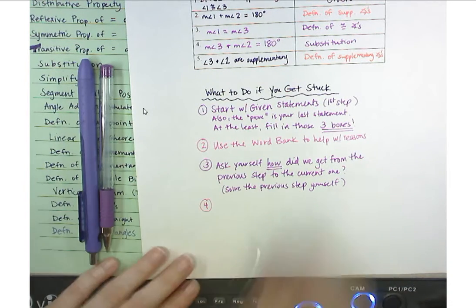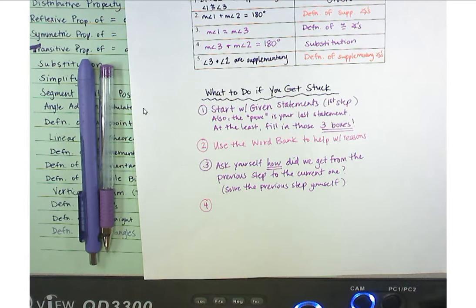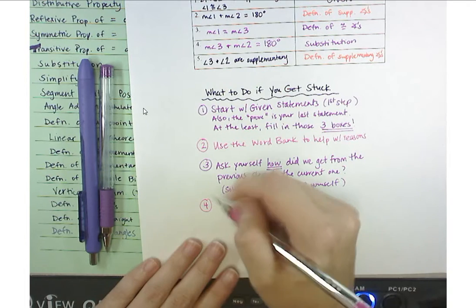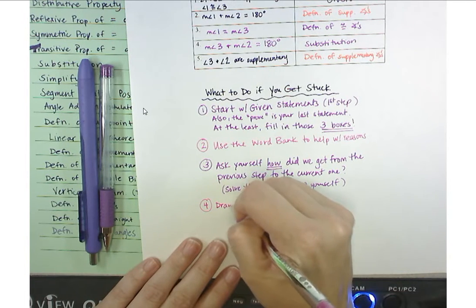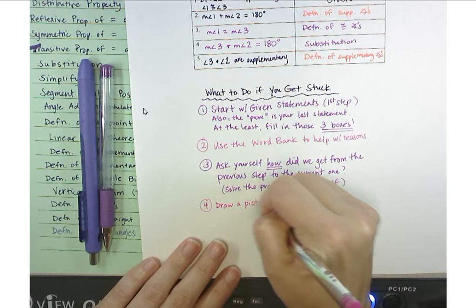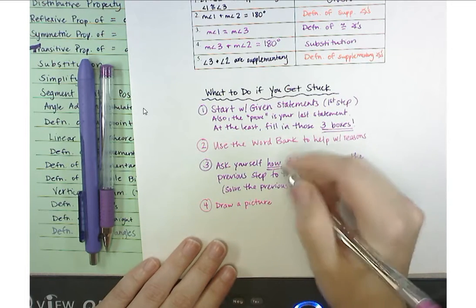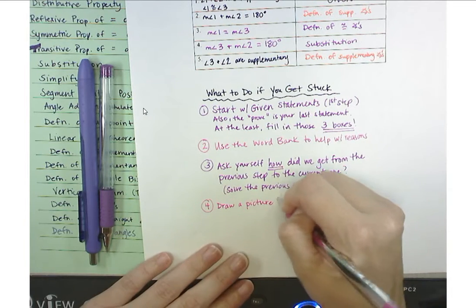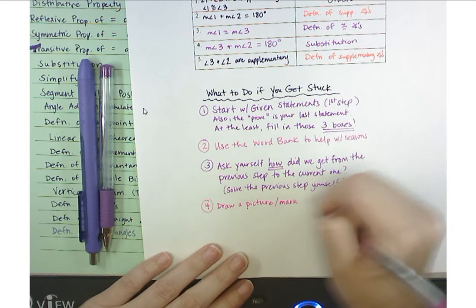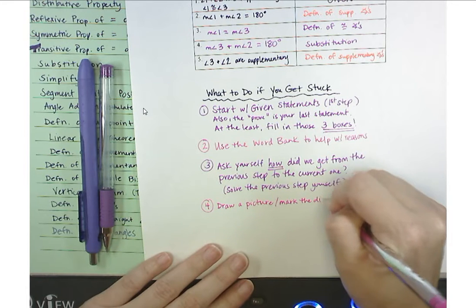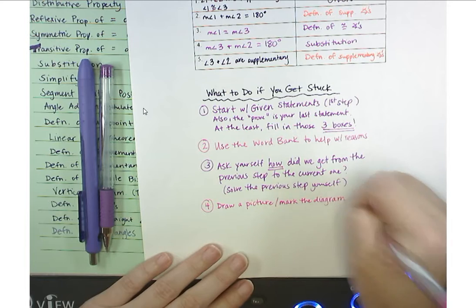And then the last one is something that we did for the example on the other side. Remember, we weren't given a picture, but we drew one. So drawing a picture, or even if they give you a picture, marking that diagram is going to help.